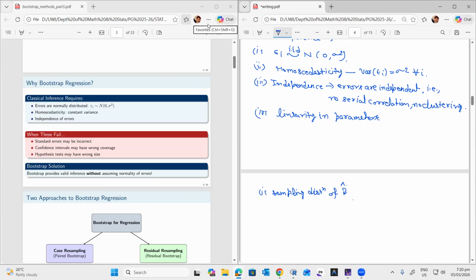For beta cap also. But what happens if the sampling distribution of beta cap is skewed and heavy tailed?